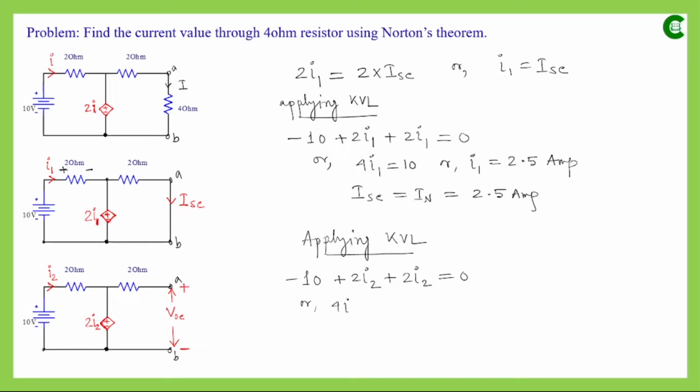So here again 4I2 will be 10, or we can say I2 will be equal to 10 divided by 4, that means 2.5 ampere. So if I2 is 2.5 ampere, then the value of this voltage source, since it is 2I2, will be 2 multiplied by 2.5, so it will be 5 volt.